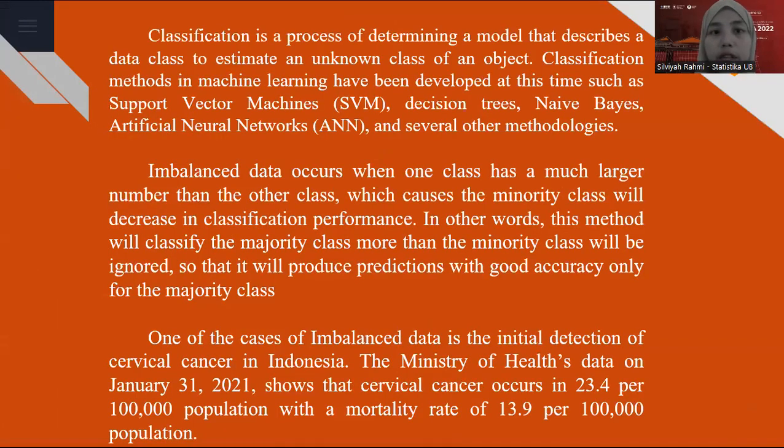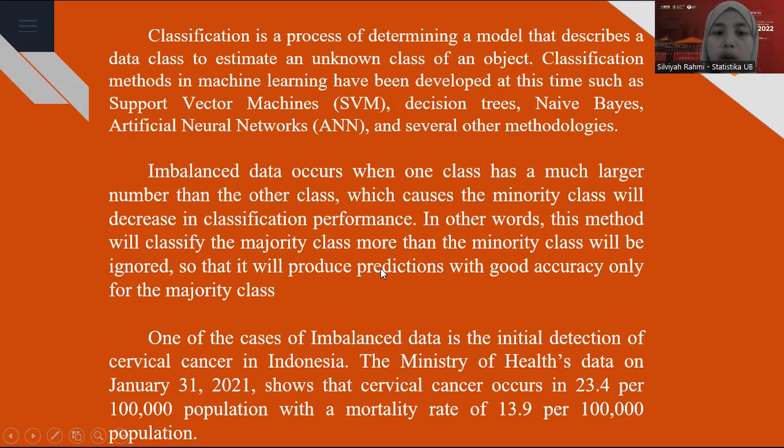We know that classification is the process of modeling data classes and estimating the class of an object. But in some machine learning, we have data that is called imbalanced data. When it occurs, one class has a much larger number than the other class, so the classifier will classify toward the majority class rather than the minority class, and it will produce bad accuracy in prediction.